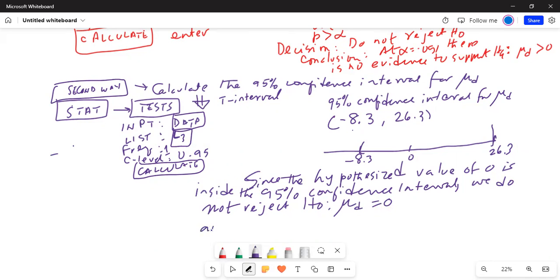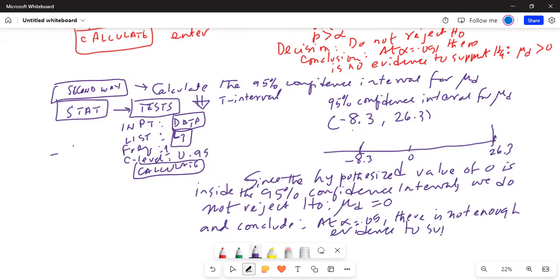Okay, and conclude at alpha equal to 0.05, there is not enough evidence to support HA, which is mu d greater than 0. Okay, we do not reject, same decision as before. Do not reject H0, mu d equal to 0.